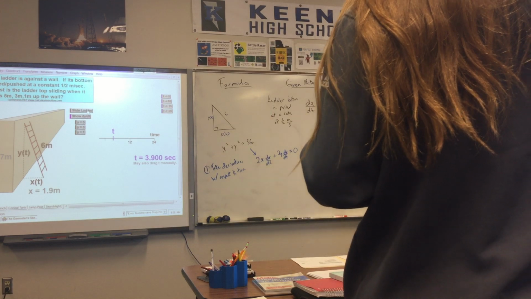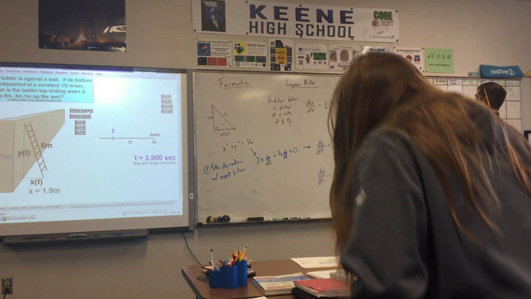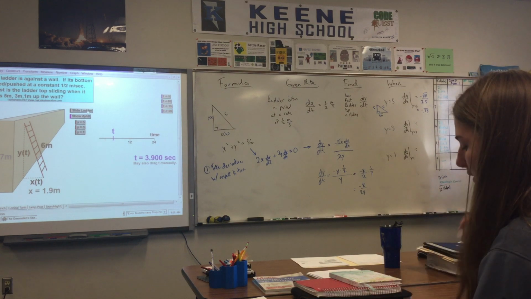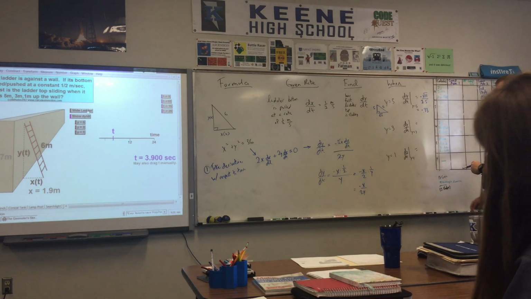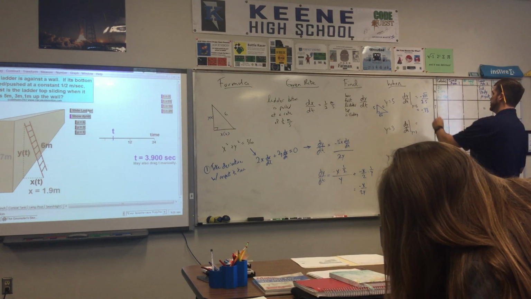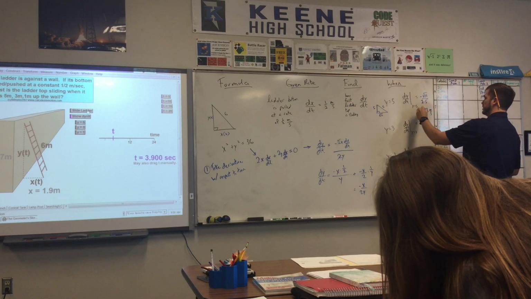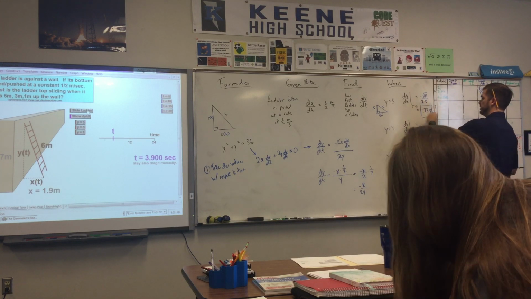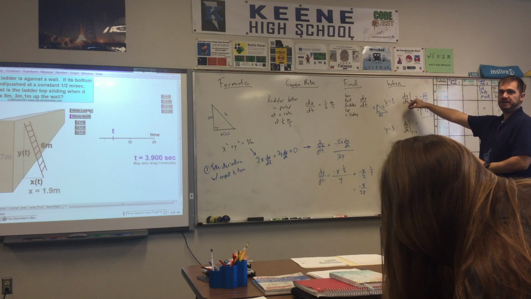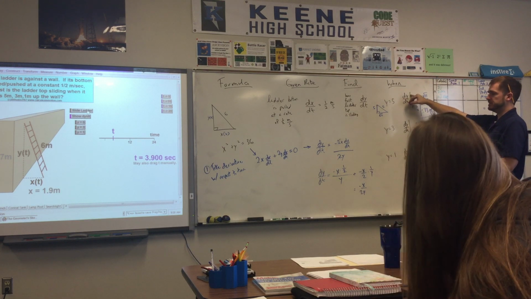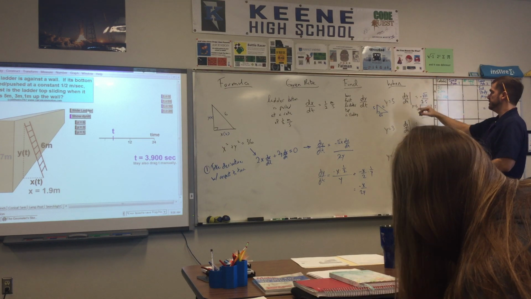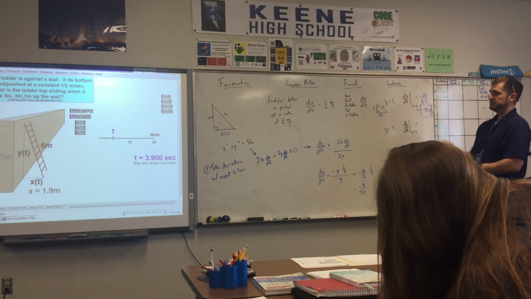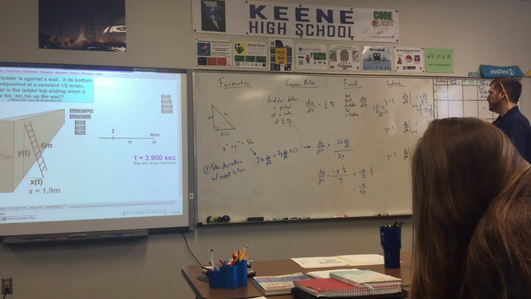Say it again? 133. What are the units going to be on that? What should they be? Meters per second. That's how fast the height of the top of the ladder is changing when the top is 5 meters above the ground.